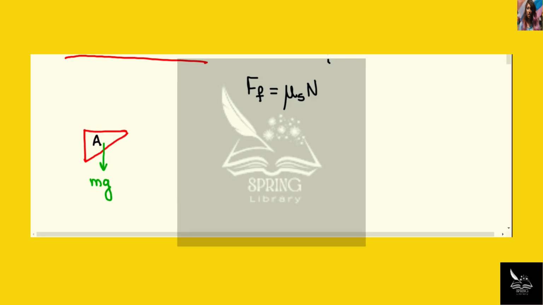We also have the normal, n prime, that is the force that block B exerts on block A. And we also have the friction force. Notice that block A would tend to slide in this direction, so the frictional force will be pointing in the opposite direction.